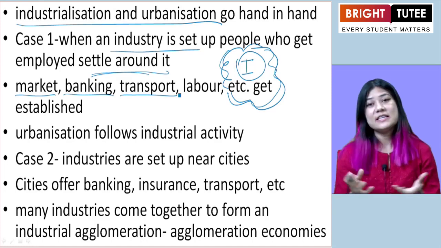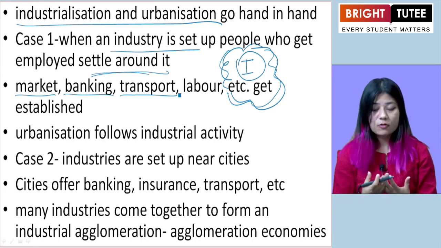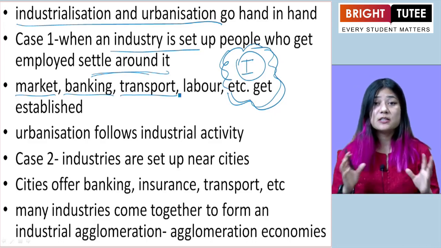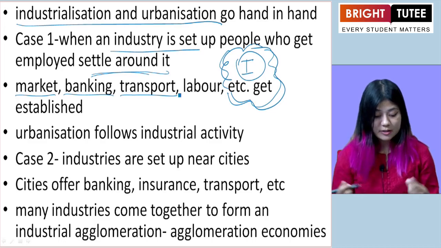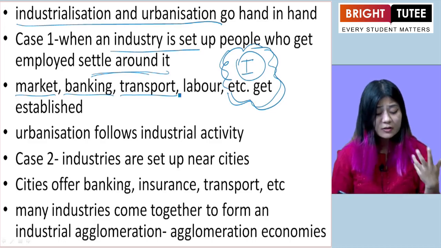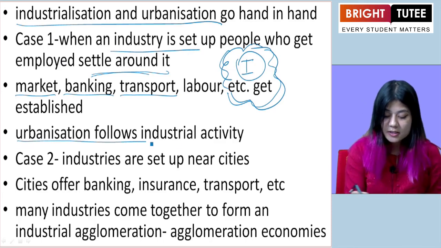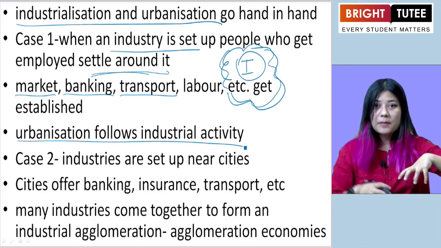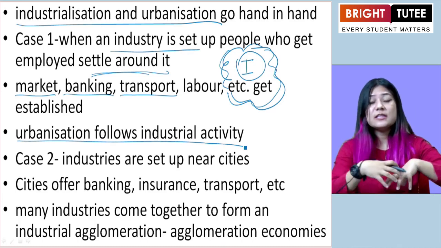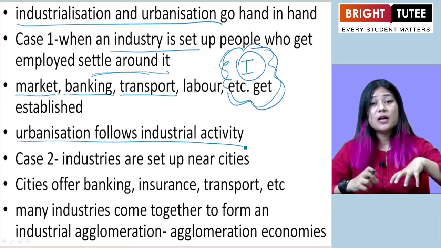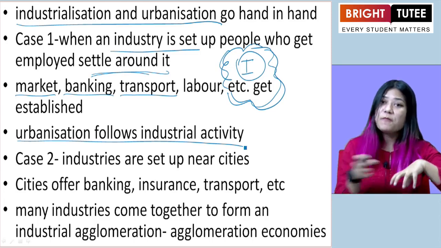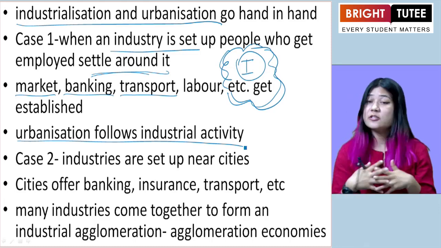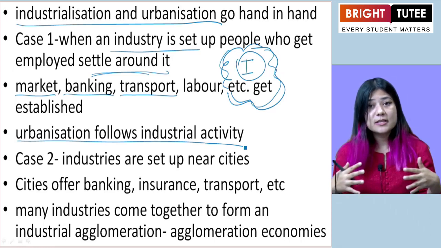All this happens automatically, but of course it takes time. Gradually these settlements and services begin to be established. So you can say that urbanization follows industrial activity. Industry is set up, but the aspects of urbanization follow the industrial activity. That is one case which shows how industrialization and urbanization go hand in hand.